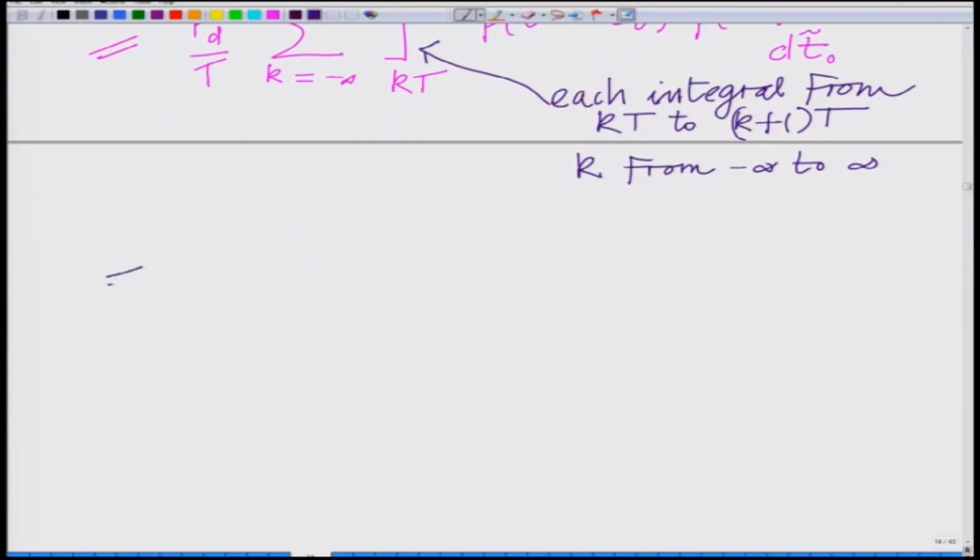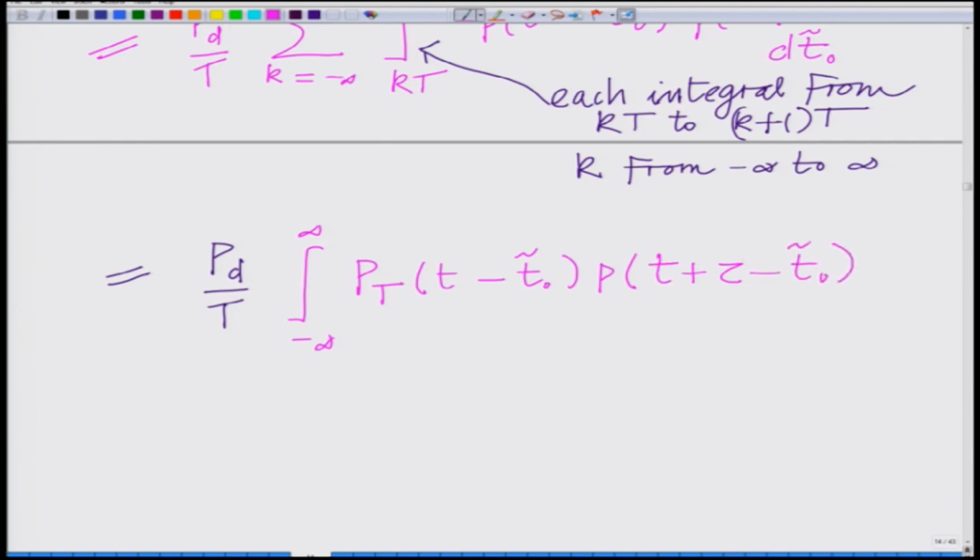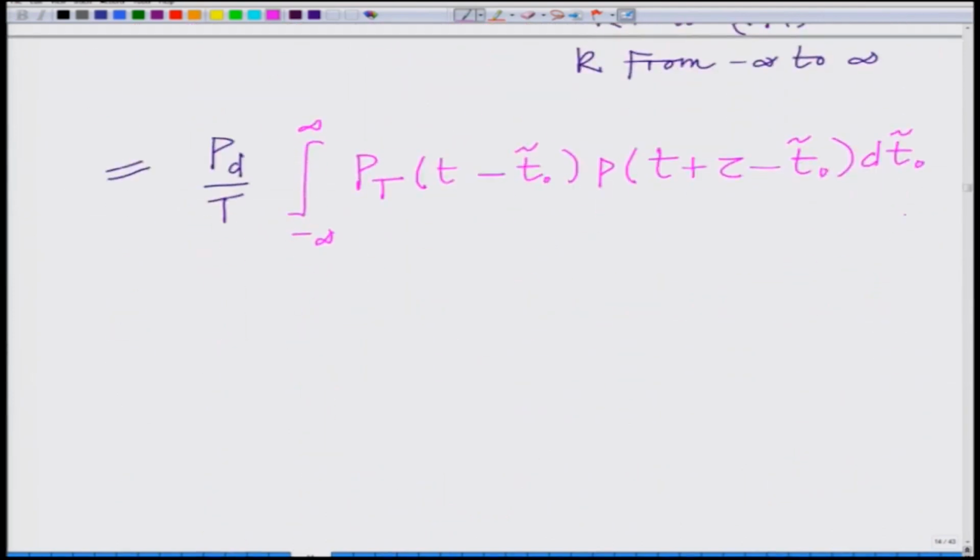Okay. So, I get Pd over T integral, I can combine the summation and integral as minus infinity to infinity, P t minus T naught tilde into P t plus tau minus T naught tilde into dt naught tilde. Okay. So, that is my resulting integral.